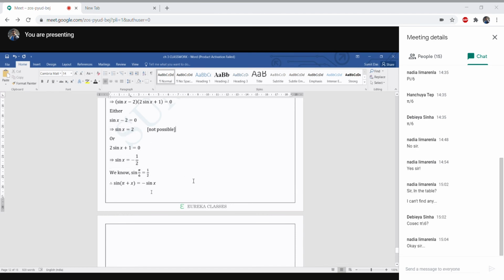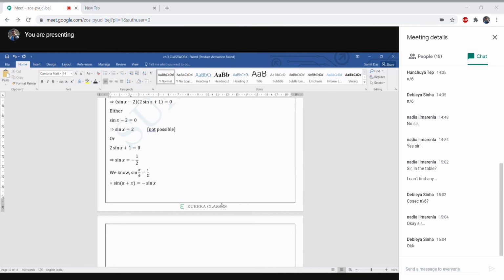The next value we got is 2 sine x plus 1 equal to 0, so sine x equals minus 1 by 2. We know that sine pi by 6 equals 1 by 2, and sine of pi plus x is minus sine x.